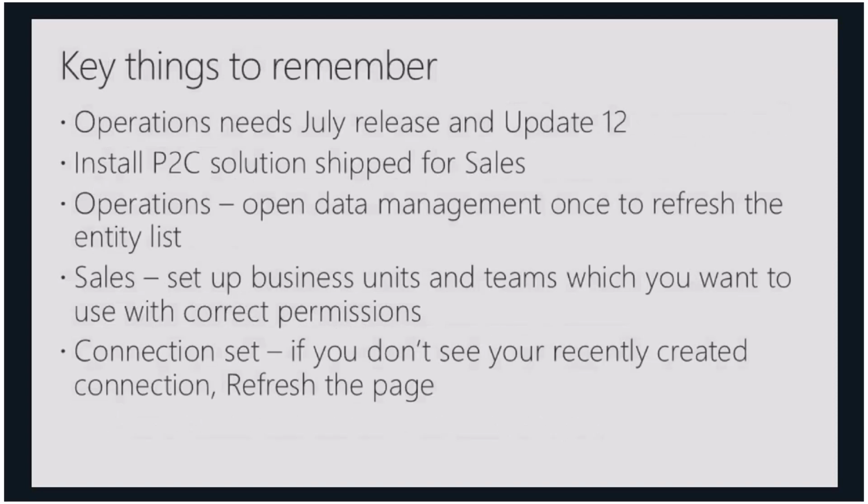A few more important things: the version is sometimes a problem. Some customers try to use the integration on an older version. We do recommend using the latest version, at least from the operations side, the July release 7.3 with at least update 12.